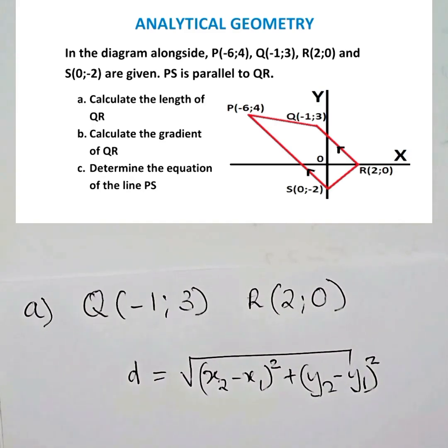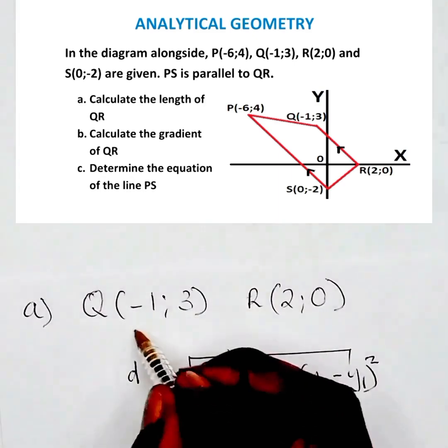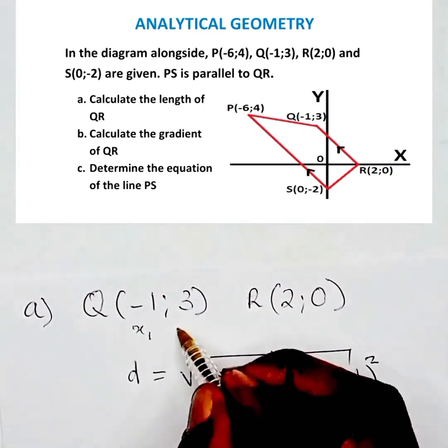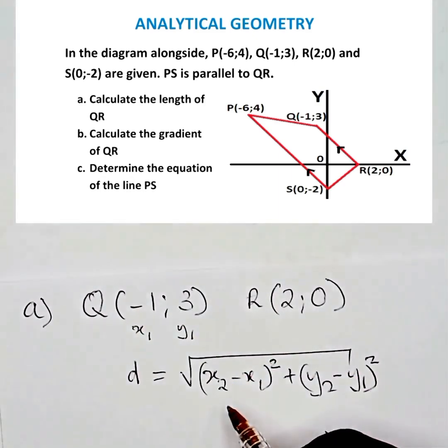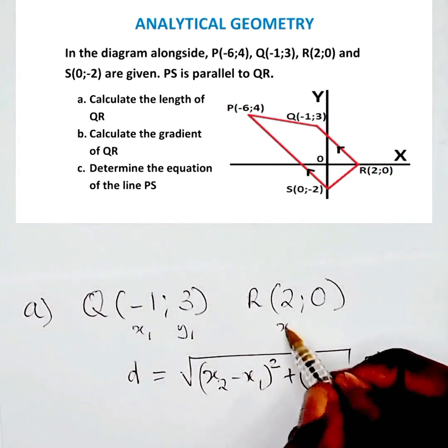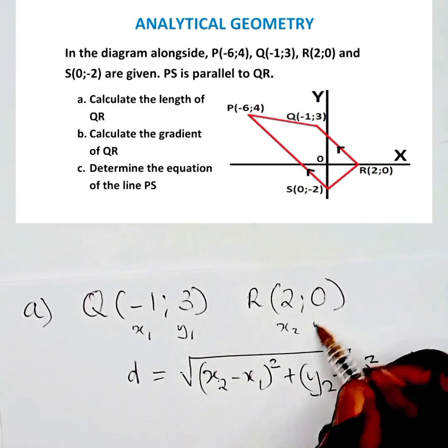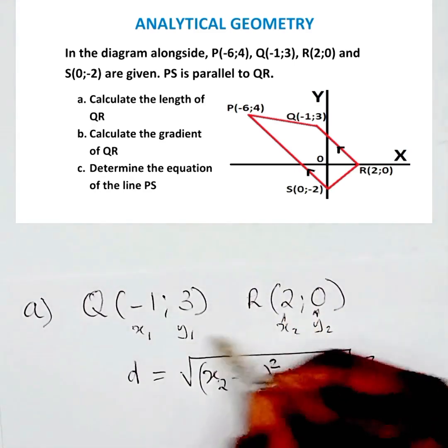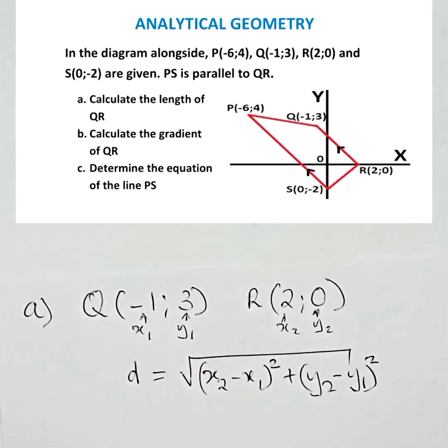So we just need to assign x1, x2, y1, y2 on these points: x1 is that point and y1 the corresponding, and we have x2 and y2, so that it will be easy for us to substitute.